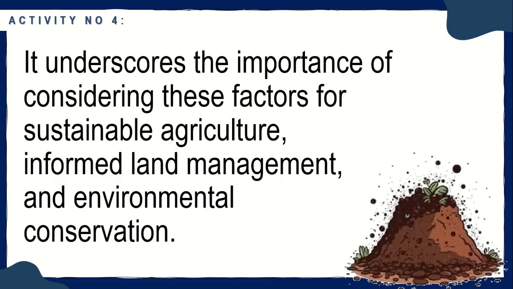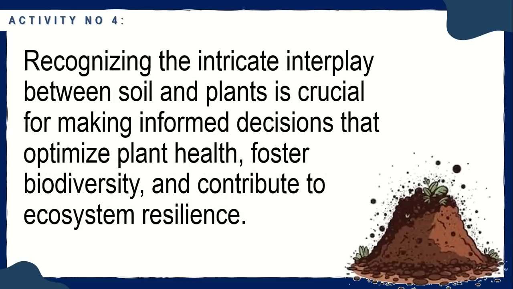It underscores the importance of considering these factors for sustainable agriculture, informed land management, and environmental conservation. Recognizing the intricate interplay between soil and plants is crucial for making informed decisions that optimize plant health, foster biodiversity, and contribute to ecosystem resilience.